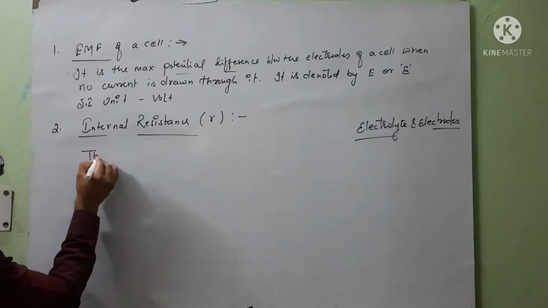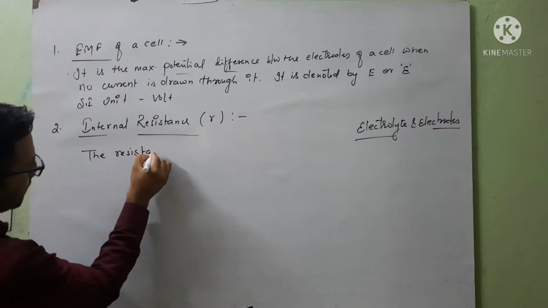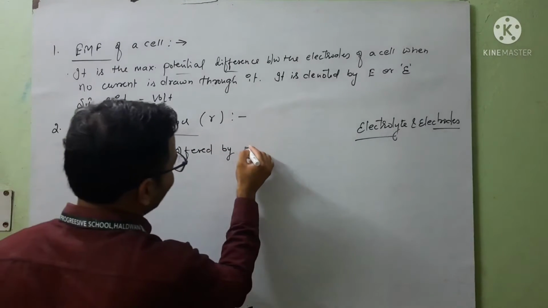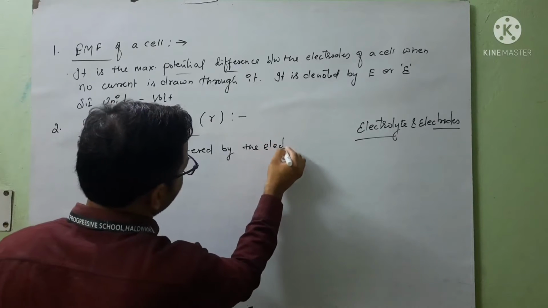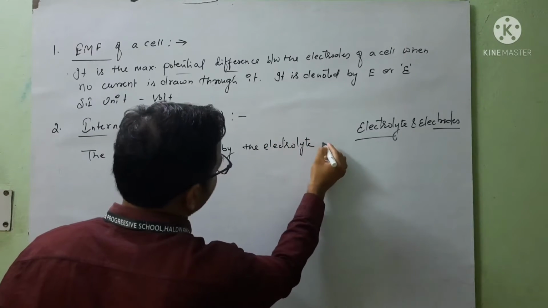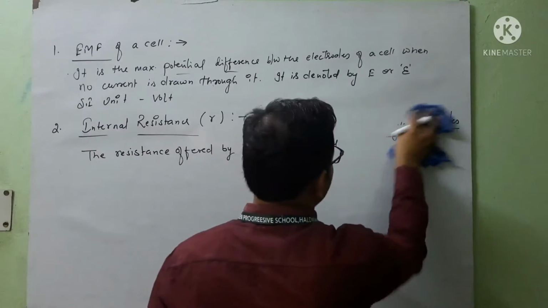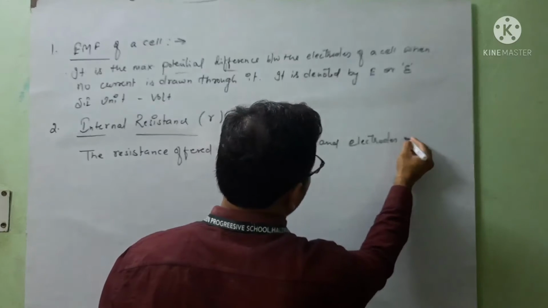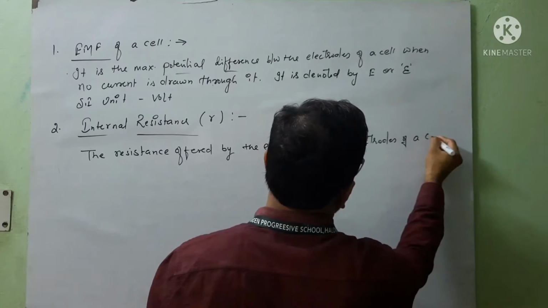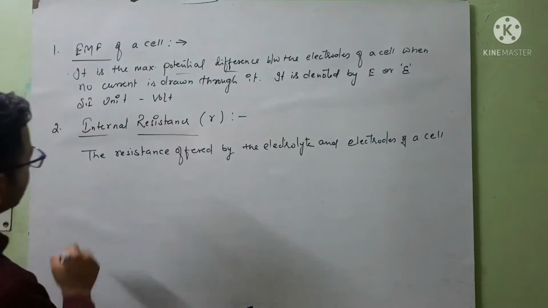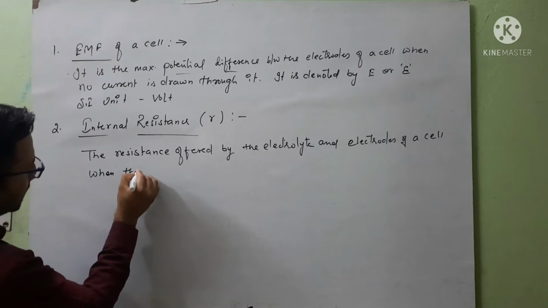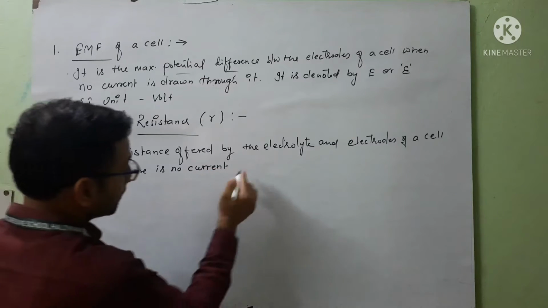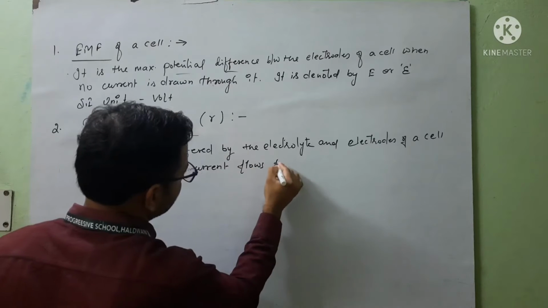We can define it as the resistance offered by the electrolyte and electrodes of a cell when no current flows through it.